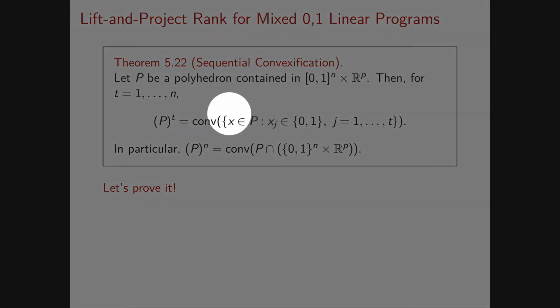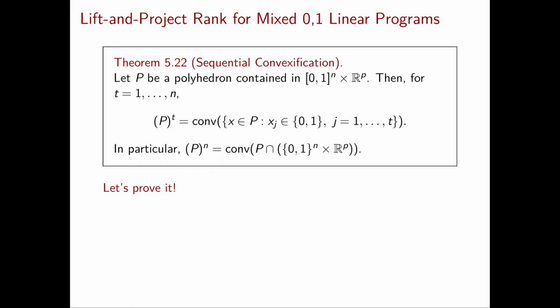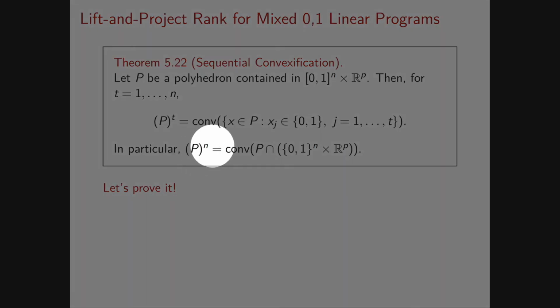Then, for any t between 1 and n, we have that the set P superscript t is the convex hull of all the points in P that have the first t x variables binary. In particular, if you look at this expression for t equal to n, we have that the set Pn is the convex hull of all the points in P that have x variables binary.